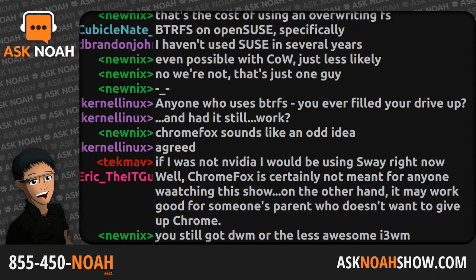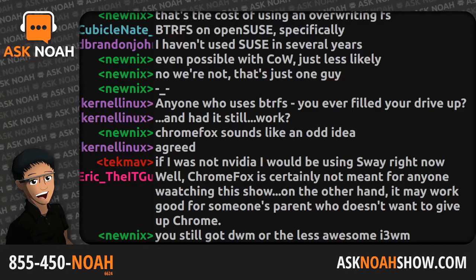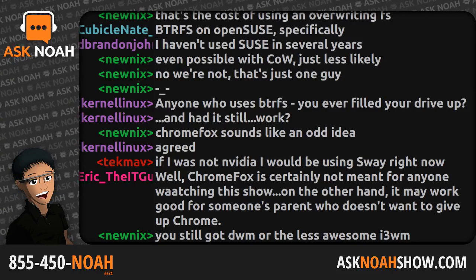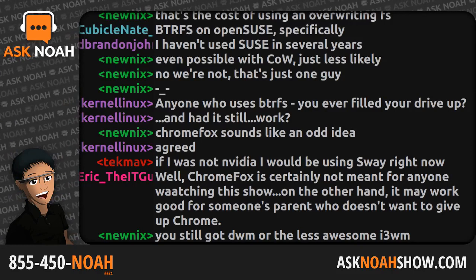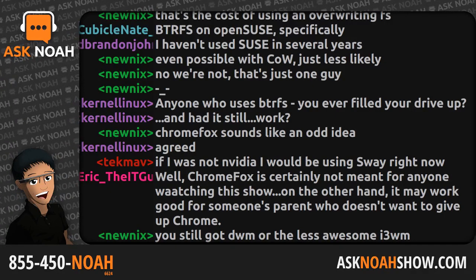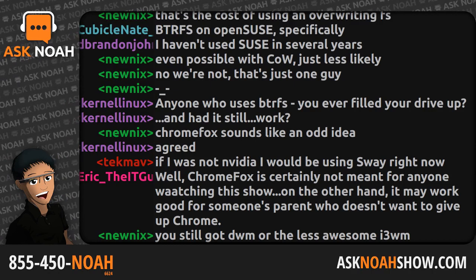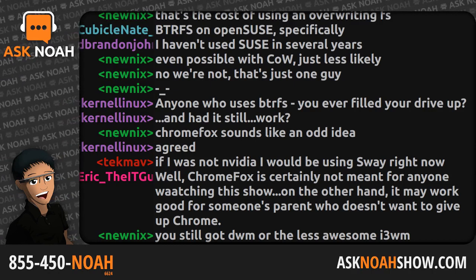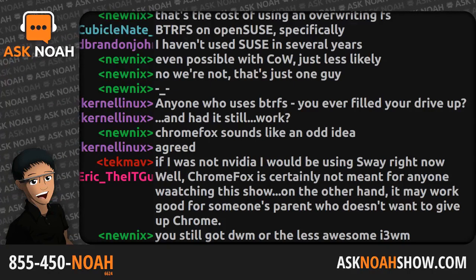Well, Wlroots and Mir actually have similar goals, and the two projects work closely together on standardization and improving Wayland support throughout the community. But Wlroots has a somewhat different approach. It tries to be a generic library which can be applied in a lot of novel ways, but has no opinions of its own.